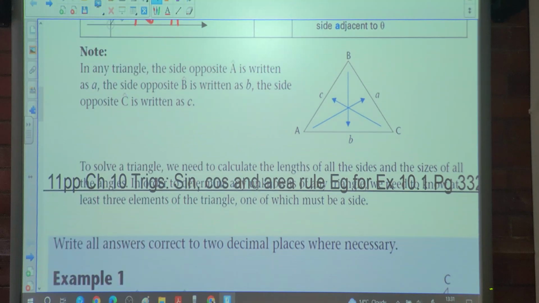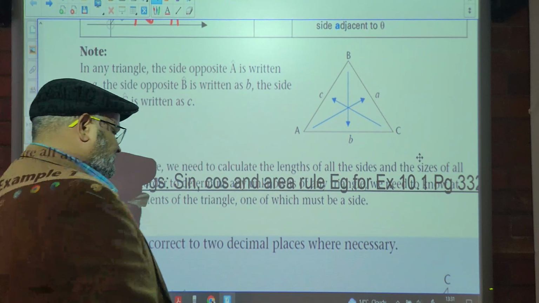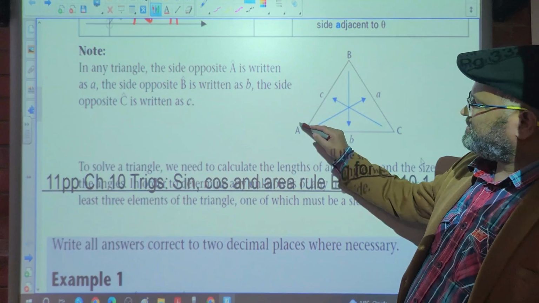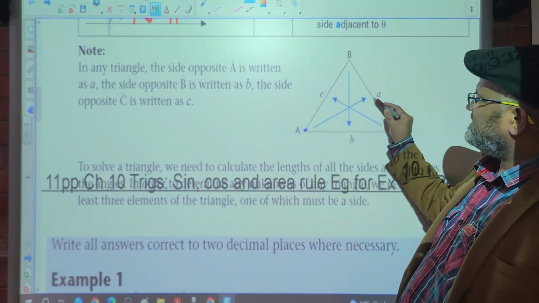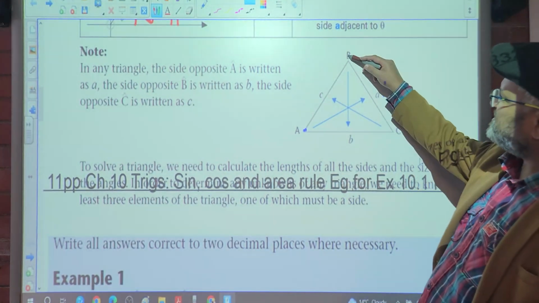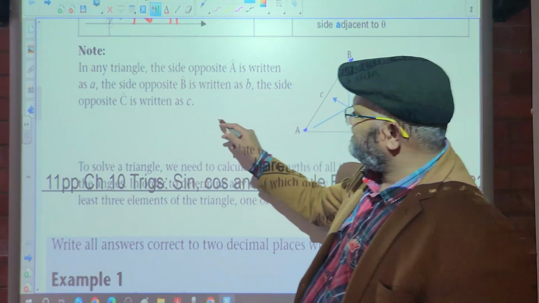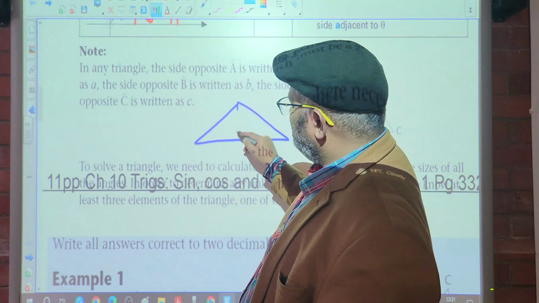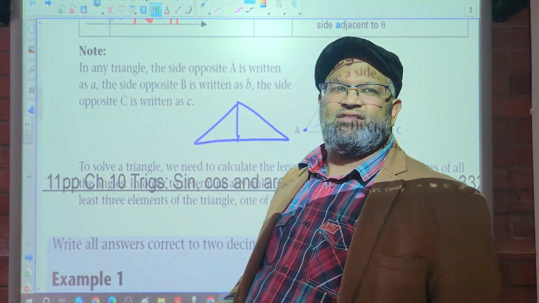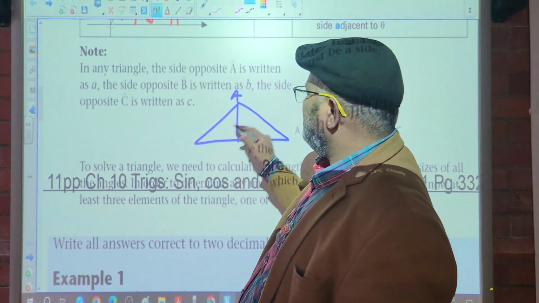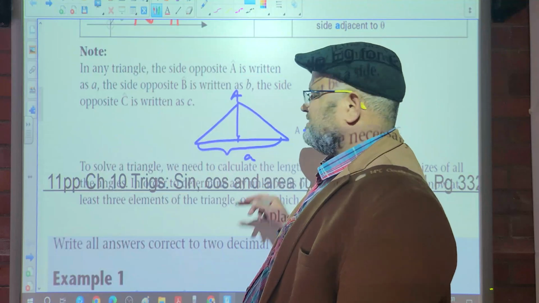And note, in any triangle, opposite the capital A, remember the capital A denotes the vertex, will be lowercase a. Opposite B will be lowercase b. Opposite C will be lowercase c. However, if we have a triangle within a triangle, and that is A, then this whole length is lowercase a.